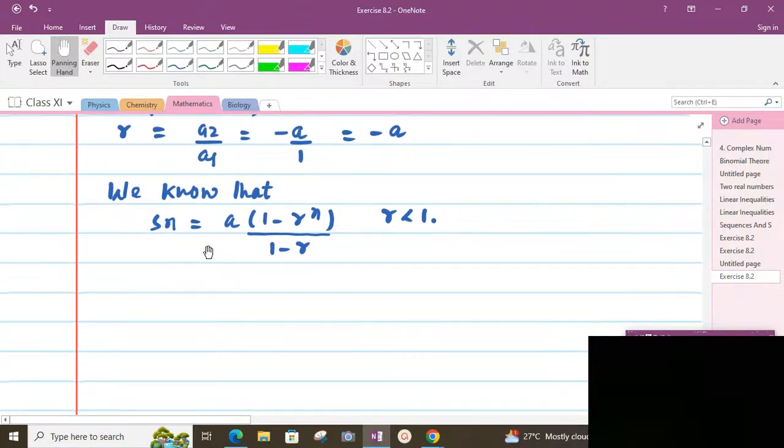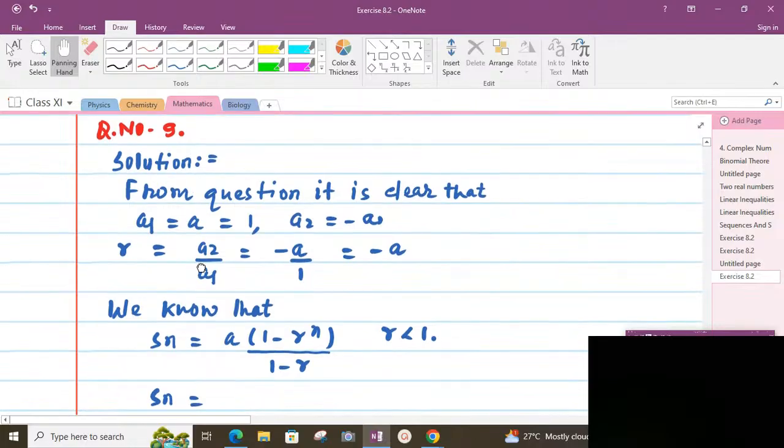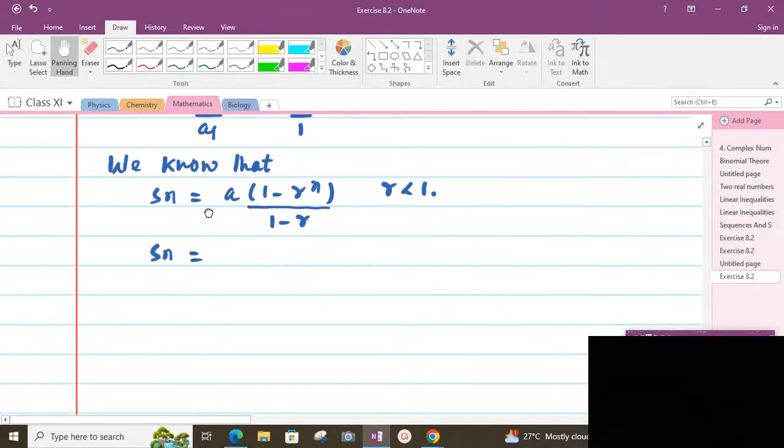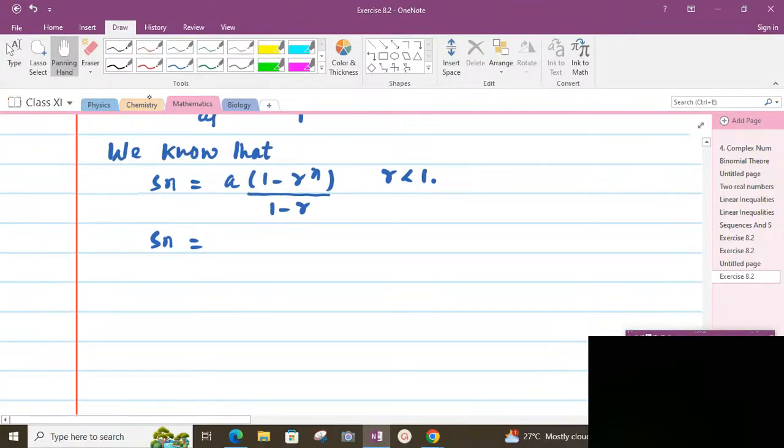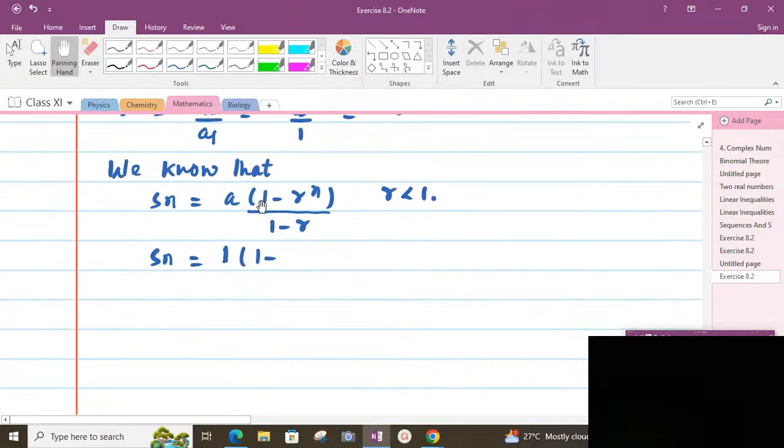Here Sn is equal to, the value of a is 1, so we write down 1 and 1 minus the value of r, which is -a.